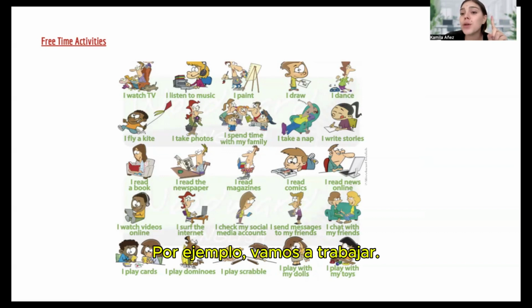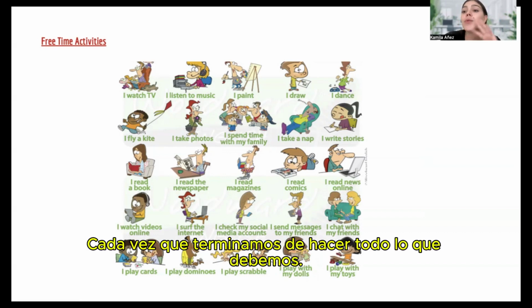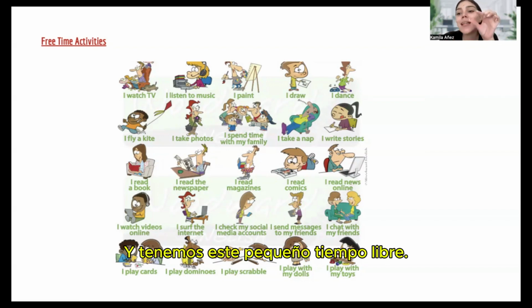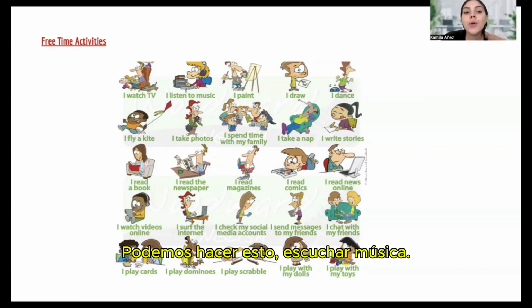For example, we go to work, go to school, we do homework. Whenever we finish everything we have to do every day, and we have this tiny little free time, we can do this.